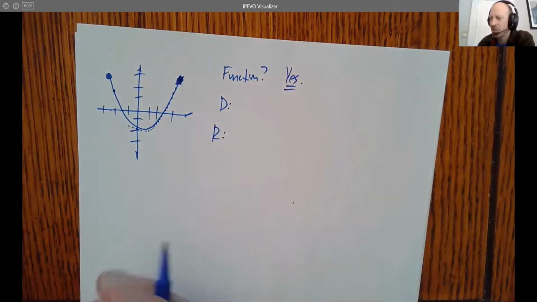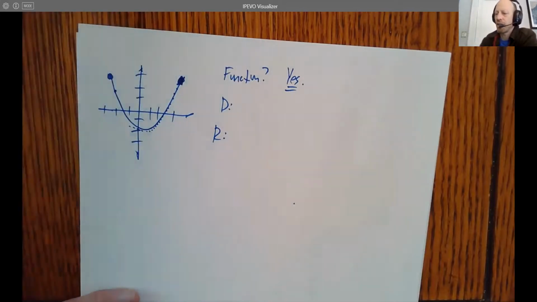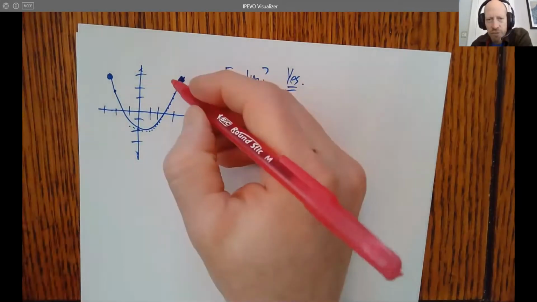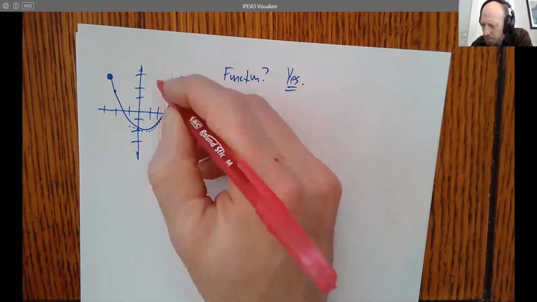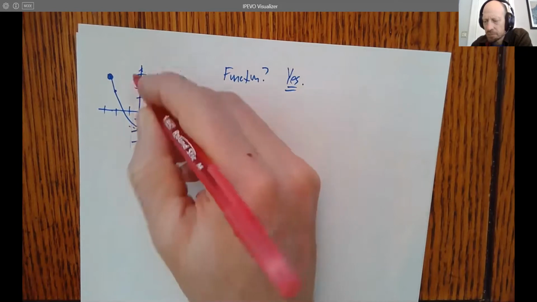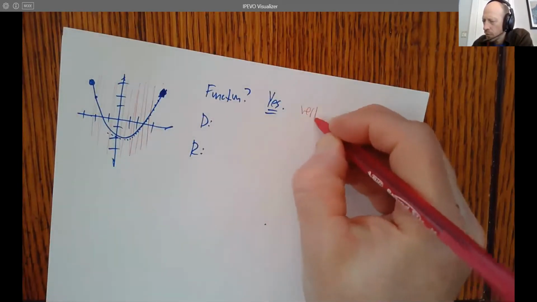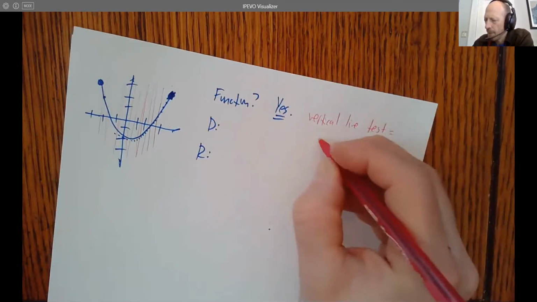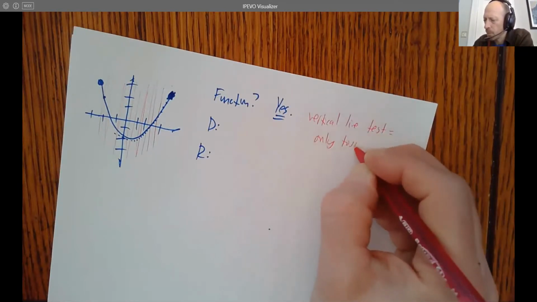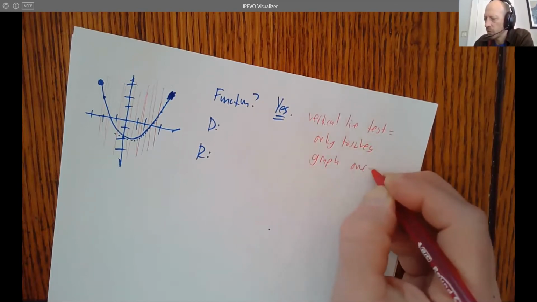And the way we can see that or work with that in general is called the vertical line test. So visually, each fixed x value is a vertical line. And every vertical line only touches the graph once. So vertical line test: only touches the graph once.